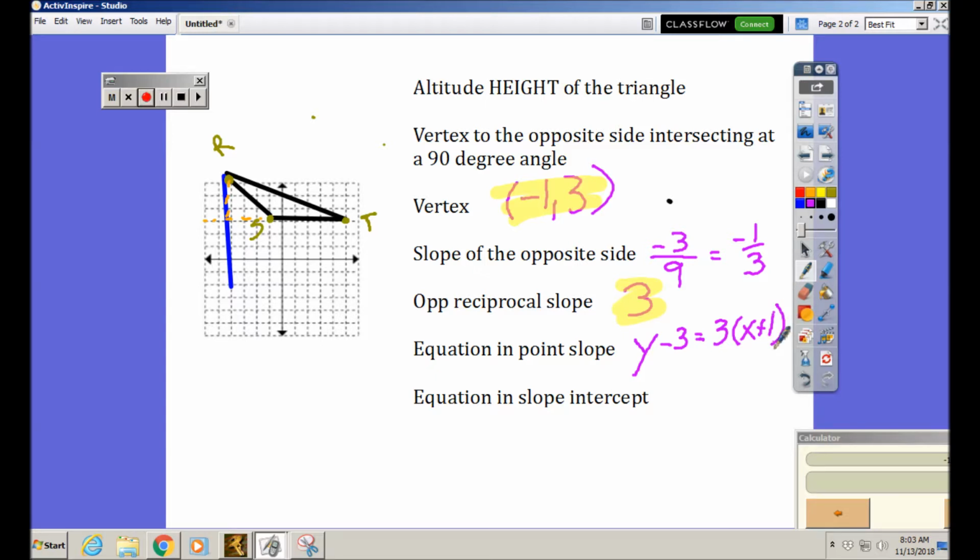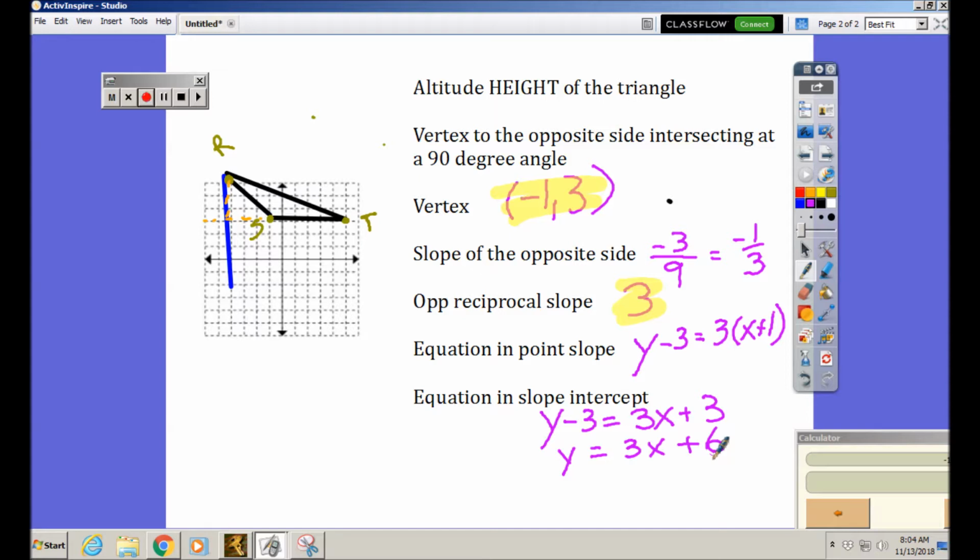To convert that, y minus 3, 3 times x is 3x, 3 times 1 is 3. I add 3 to both sides, and I get 3x plus 6, correct?